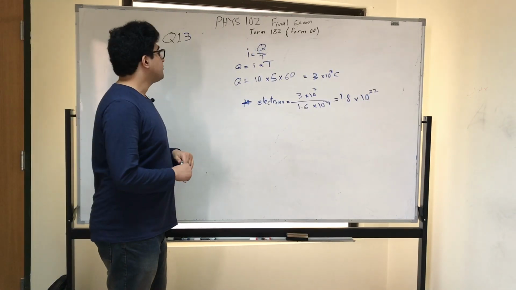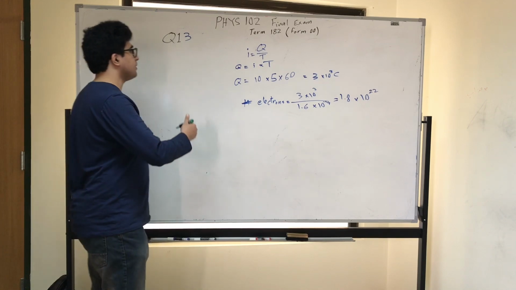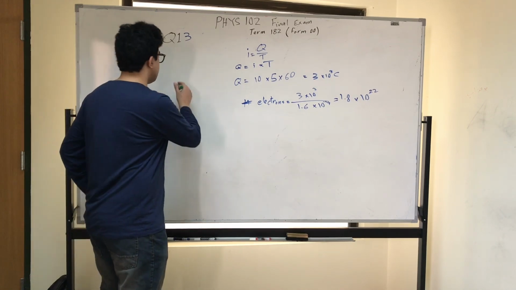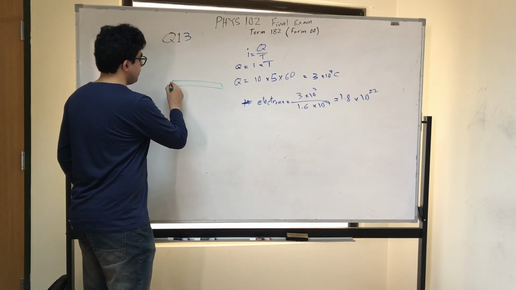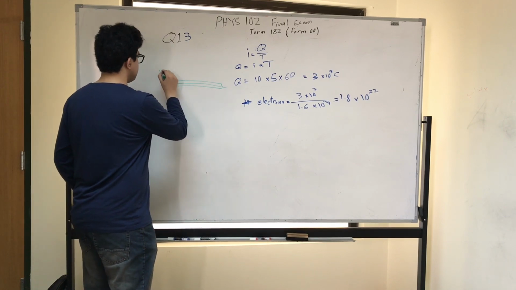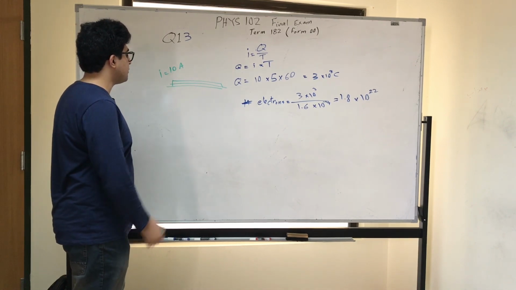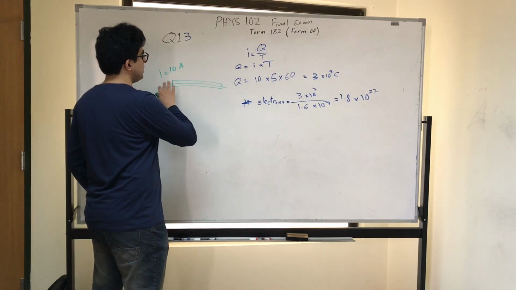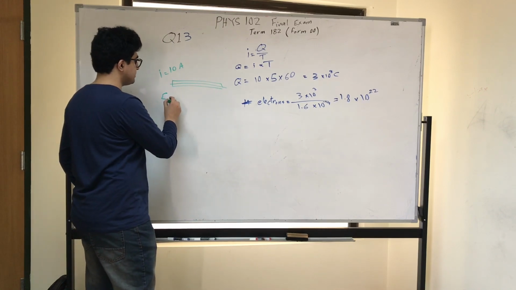All right, guys, for question number 13, the question is asking about the number of electrons that flow in a wire. So the wire has a current of 10 amperes. And the question is asking how many electrons flow through the wire in 5 minutes.